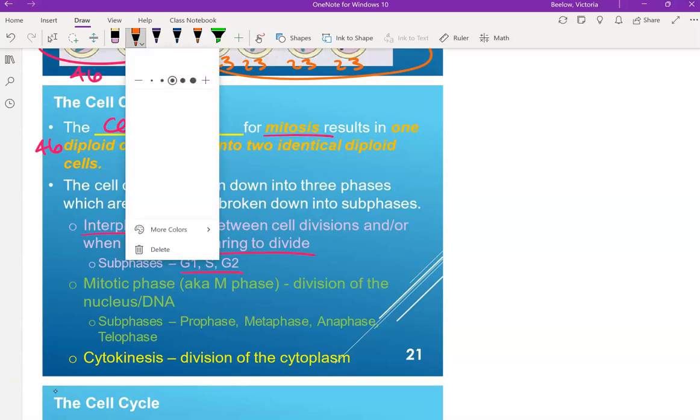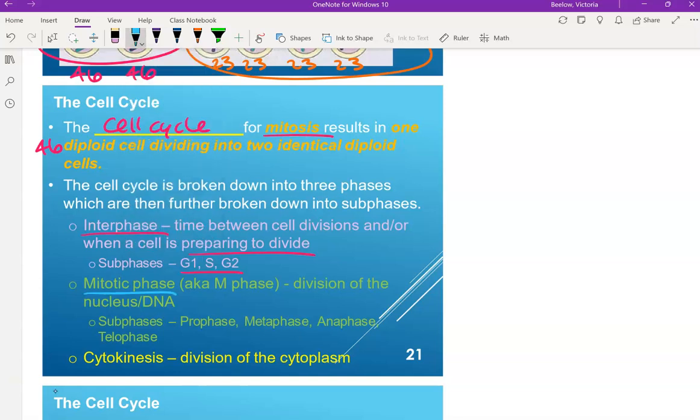There is the mitotic phase, or M phase. That's the mitosis part. If this was meiosis, then we would talk about meiosis here, but it's not. We're focusing on mitosis for this unit. Mitosis technically is the division of the DNA or the nucleus, and that's broken down into 4 subphases, which you can remember as PMAT.